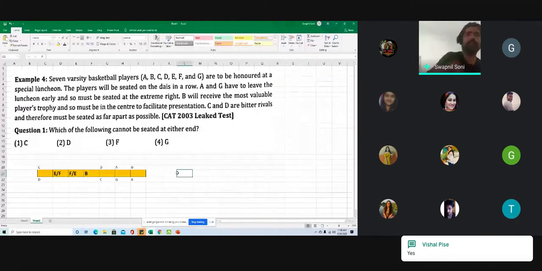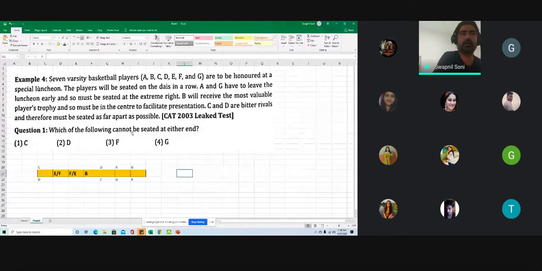So I'll go through it again. There are 7 people who are supposed to be honored. The players will be seated in a row. A and G have to leave the luncheon early, so they must be seated at the extreme right. So I chose this to be right. I can have A and G over here, or G and A over here. We don't know specifically where they are sitting. B will receive the most valuable player's trophy, so must be at the center. So we know B is at the center. C and D are bitter rivals and therefore must be seated as far apart as possible. So the only distance which is farthest would be this position and this position.